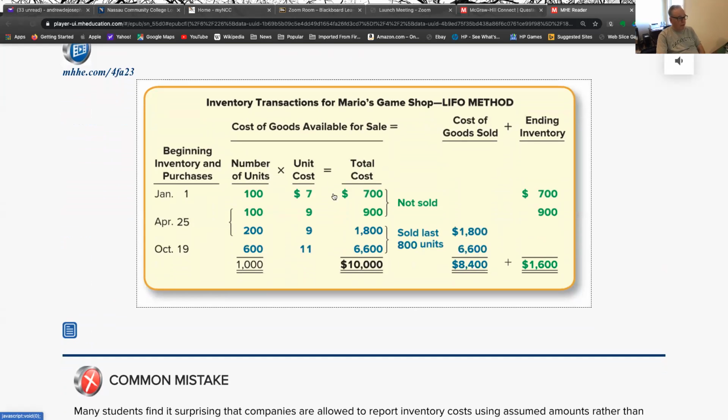So I have this 100 times 7, and then I have 100 of these that I paid 9 for, right? 7 and 9 is 1,600. Now, I can calculate cost of goods sold like this, but why do I want to do that extra work? Let me just take this 10,000 and subtract the 1,600, and that'll give me the cost of goods sold of 8,400.